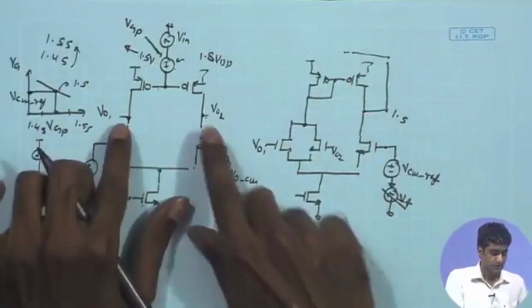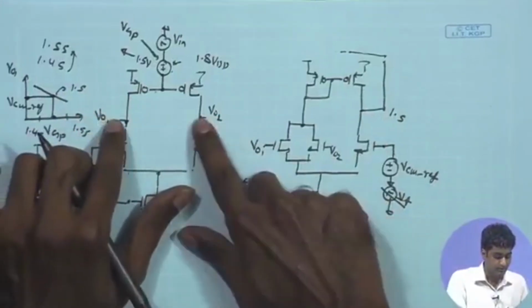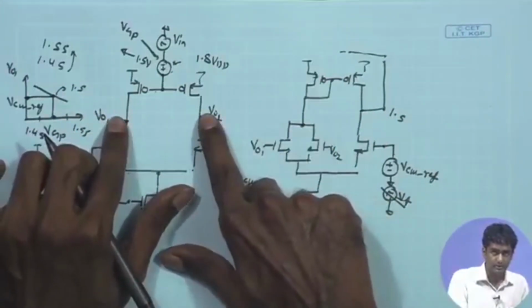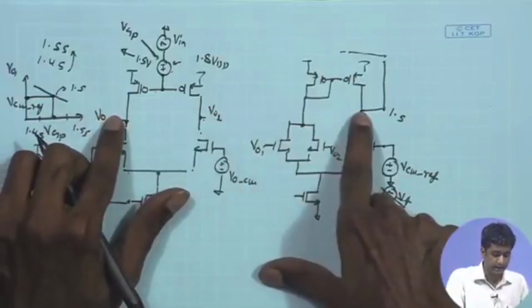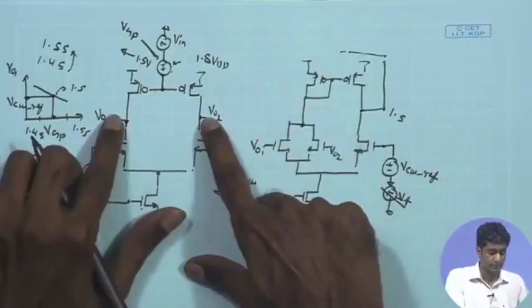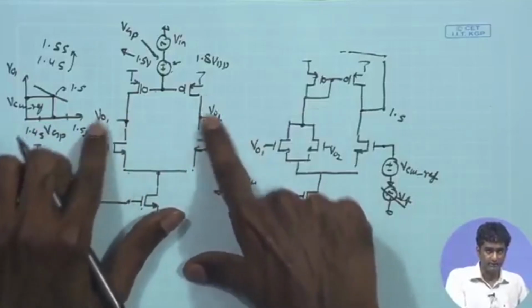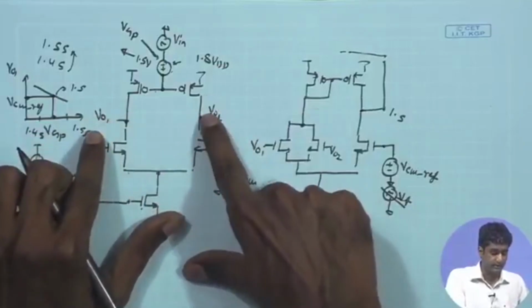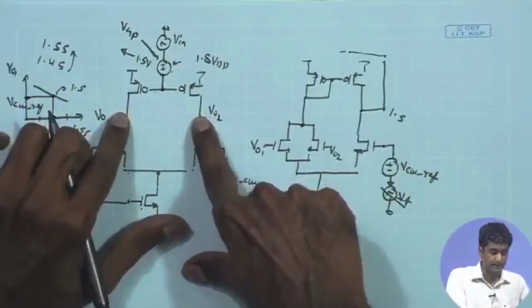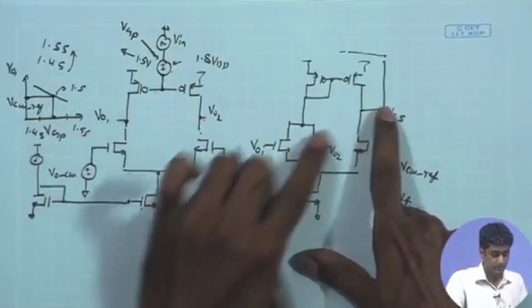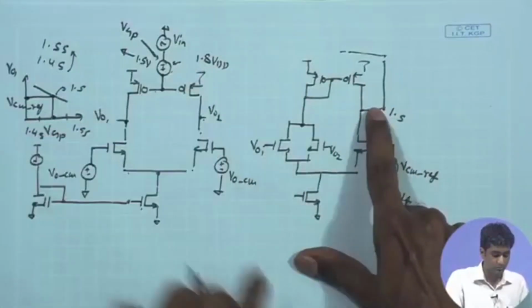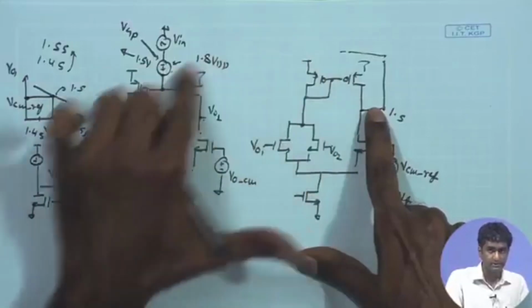If you are putting the capacitance between this point and this point, then of course, the main amplifier also has the Miller effect, and the overall capacitance over here will be multiplied, whereas for the other node, that effect is not coming into picture.